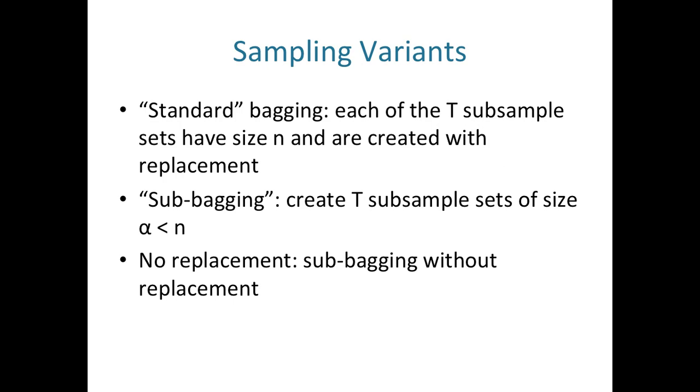Another approach would be sampling without replacement, meaning that once a data point is in a bootstrap dataset, that data point cannot be in that bootstrap dataset again, because we do not replace it.